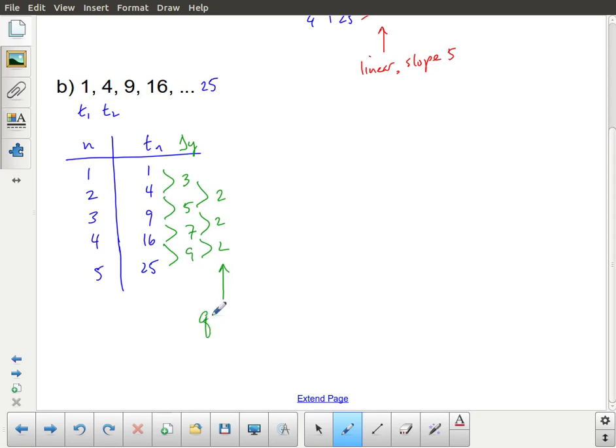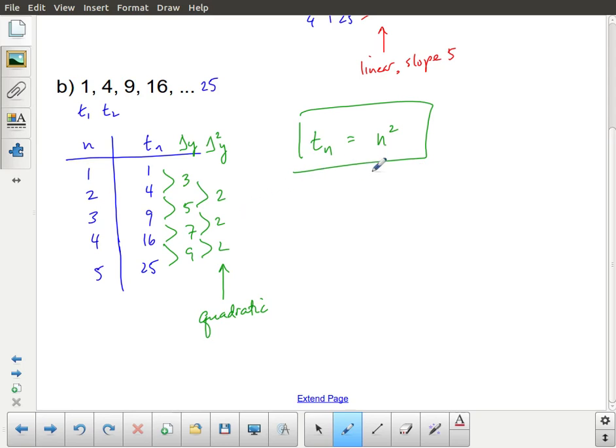Because they're the same, this tells us that it's some sort of quadratic relationship. And so that means my Tn is somehow related to n squared. In this case, it's actually only n squared. There's no further adjustment required. So this one's pretty simple.